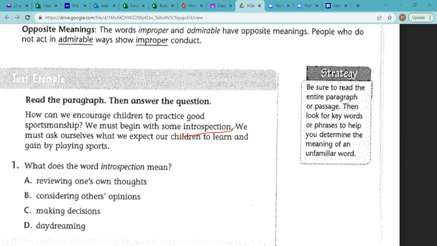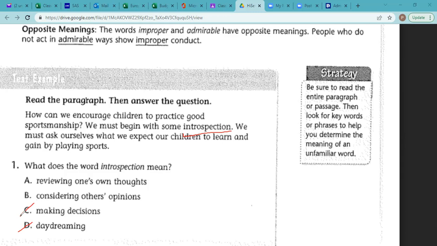That doesn't sound quite right. Daydreaming. All right, let's go back and let's look at C, making decisions. How can we encourage children to practice good sportsmanship? We must begin with making decisions. We must ask ourselves what we expect our children to learn and gain by playing sports. That still does not sound right, making decisions.